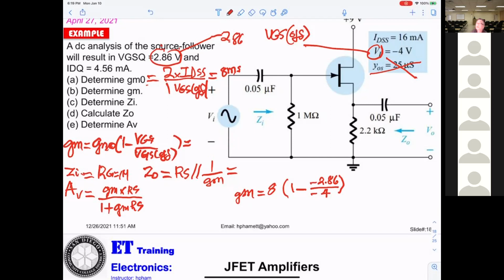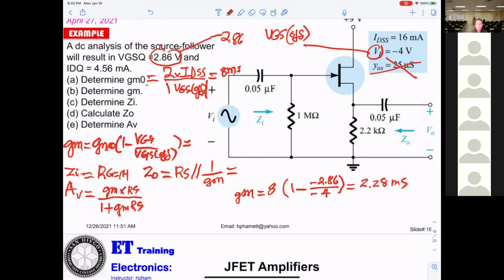Mine's wrong too, it seems. Should be 2.28. Okay, so you get 2.28. Anybody got the same answer? Hold on. Square this times 8. 2.28. That's the correct answer.